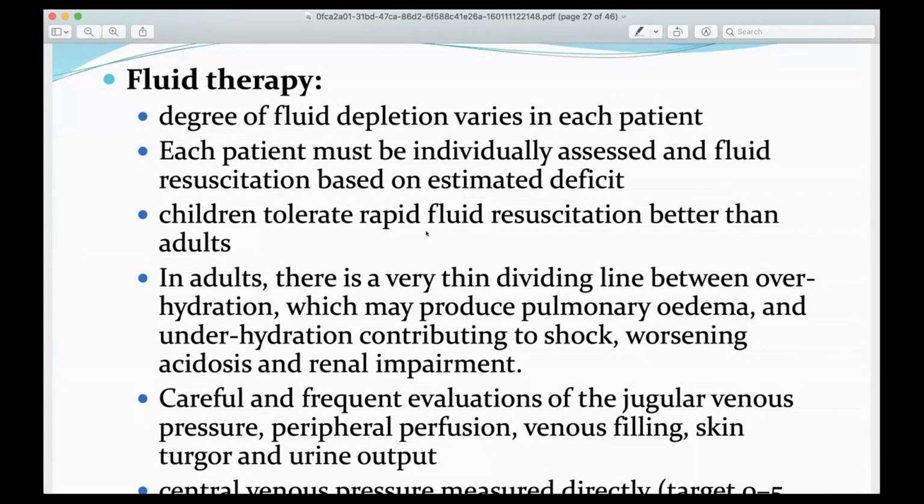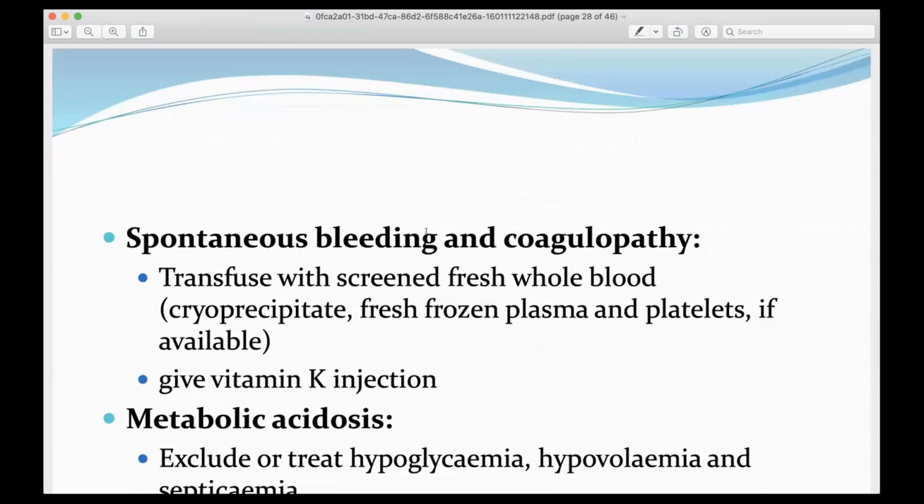Balanced salt solution fluid is better than normal saline or ringer lactate. But regarding the fluid, you have to be careful.